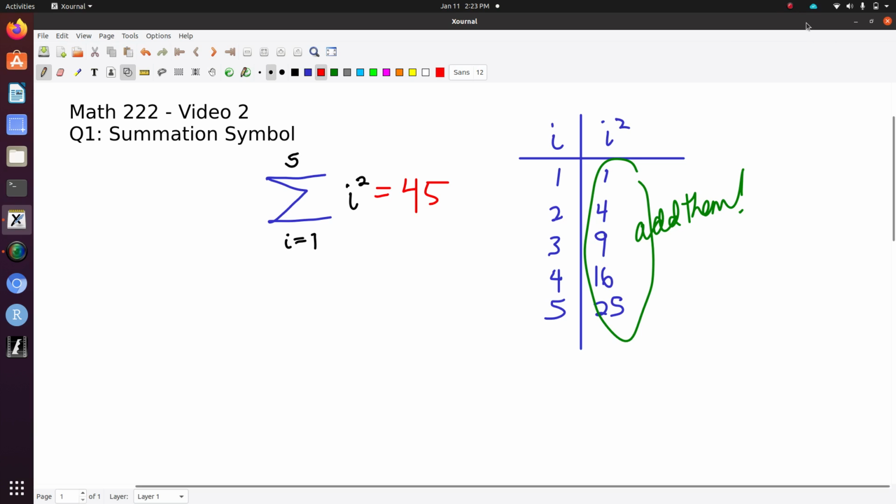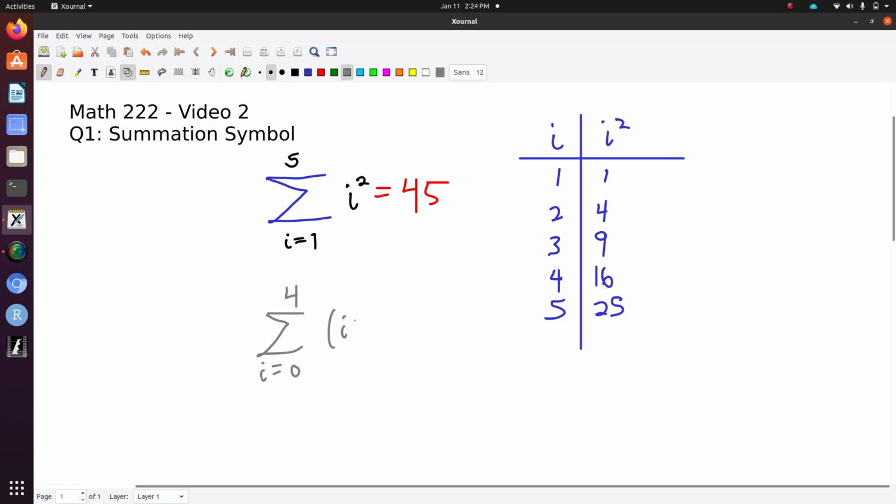And another concept that is explored in this worksheet is to start making you think about index shifting. So for example, if instead of writing it this way, I chose to say i equals 0 to 4, of (i plus 1) squared, I would get exactly the same thing. Here the i would be 0, 1, 2, 3, 4, and then this would be i plus 1 squared.